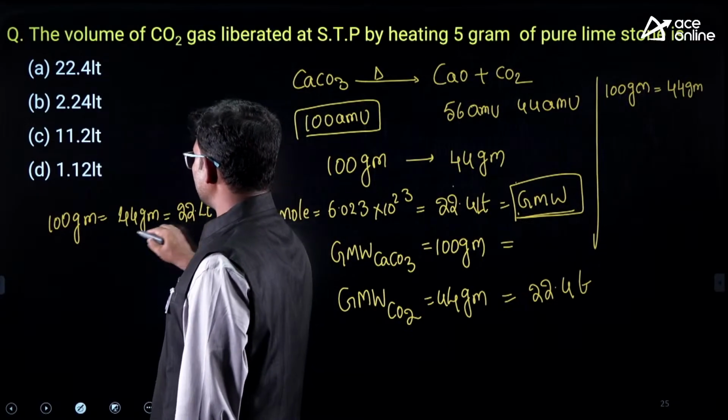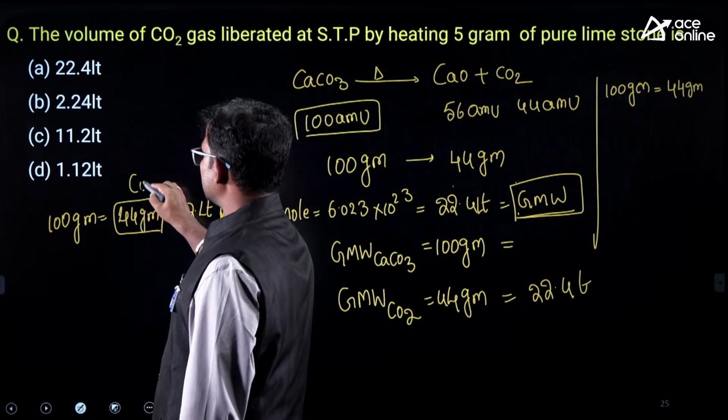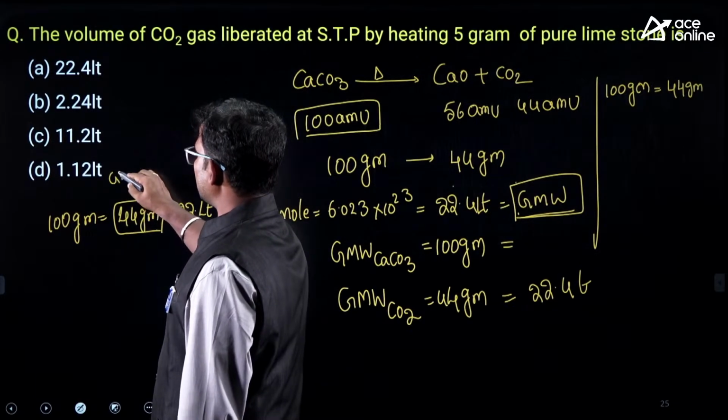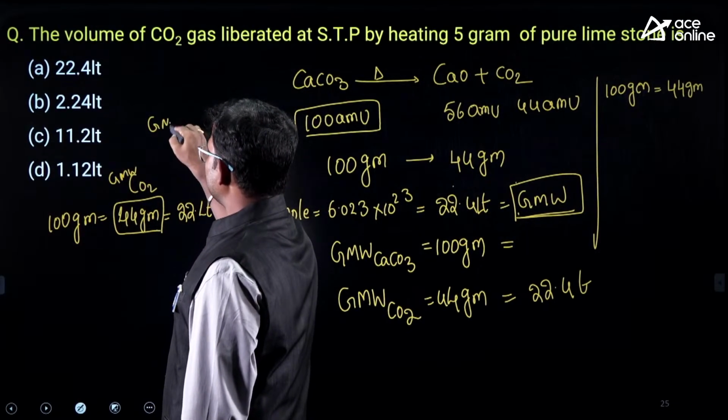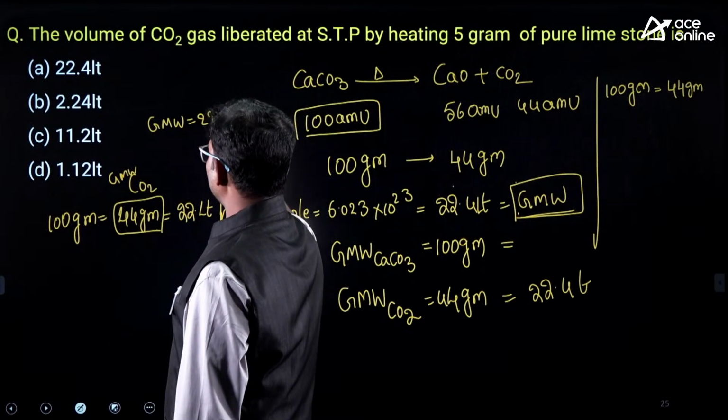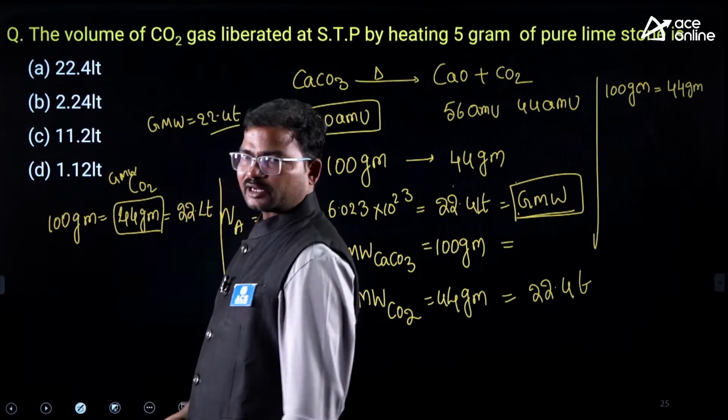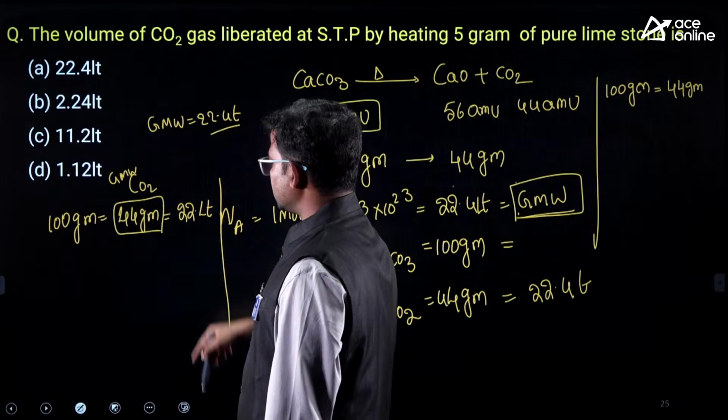Why should we consider 22.4 liters? Actually, this is the gram molecular weight of carbon dioxide. Gram molecular weight is equal to, we already know, 22.4 liters. That is the meaning of the Avogadro number. So that's why we have to consider it like this.